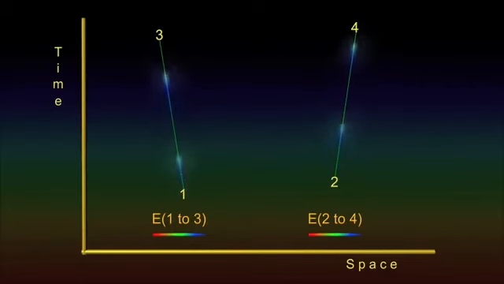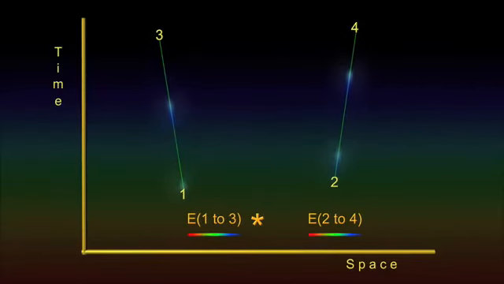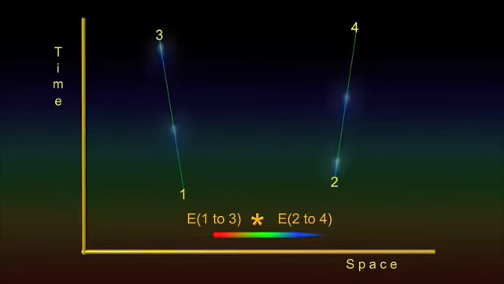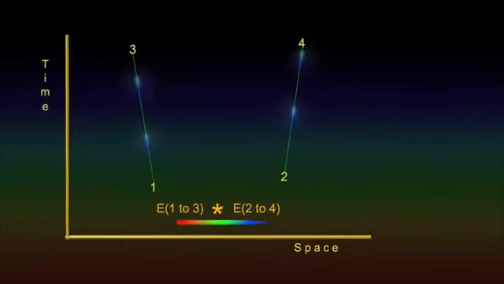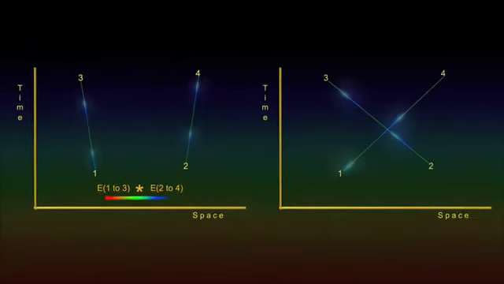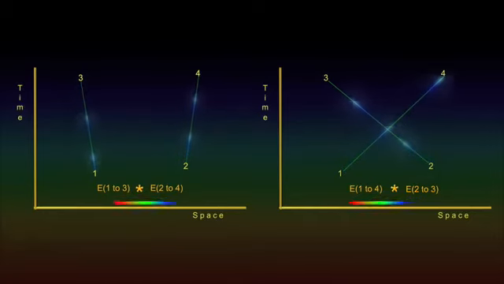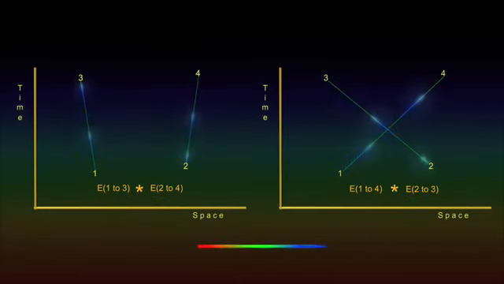So the overall amplitude for this path is E 1 to 3 times E 2 to 4. Another way would have electron 1 go to 4 and electron 2 go to 3. This would have an amplitude of E 1 to 4 times E 2 to 3. And of course, the final step is to add these 2 arrows to get the total amplitude.